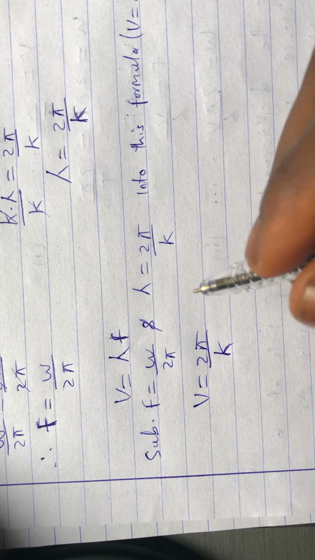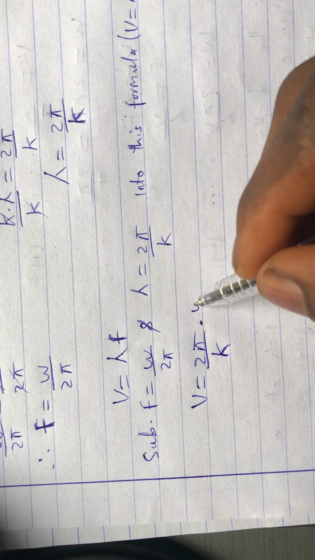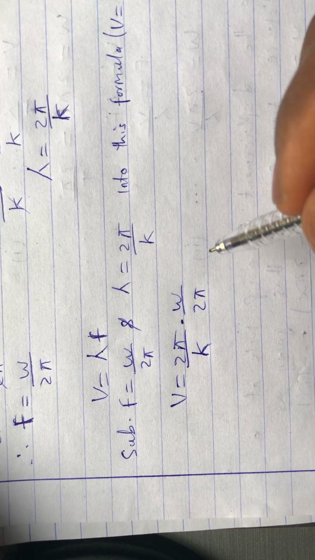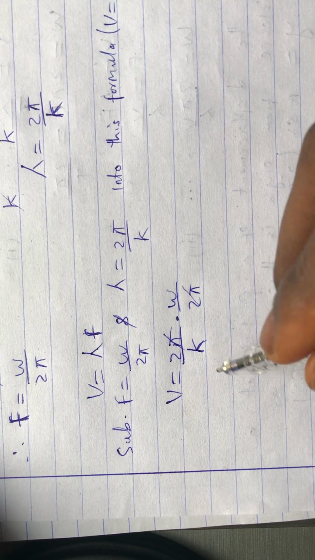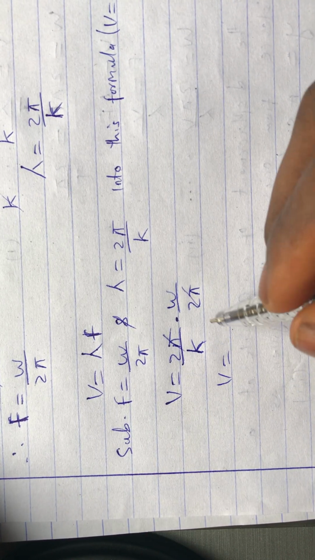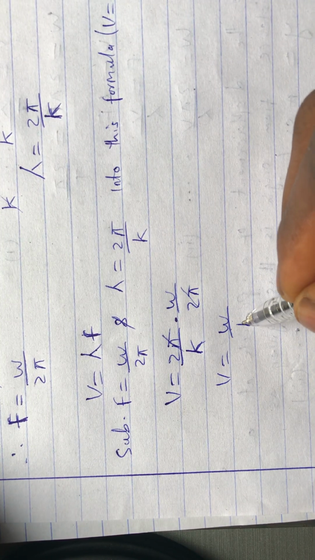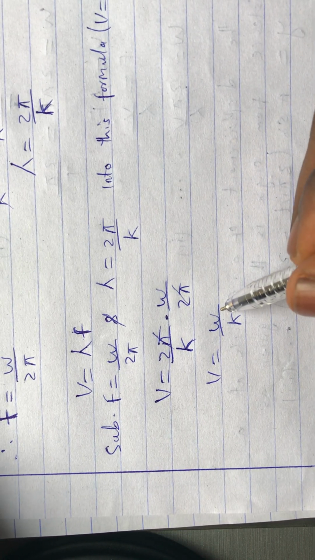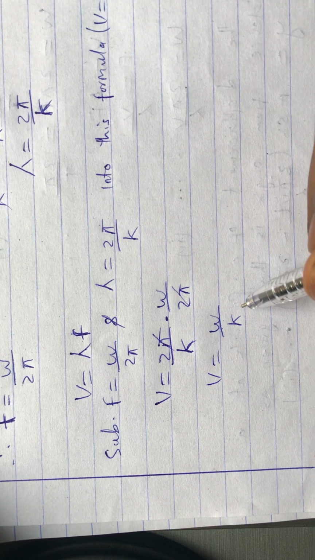That means you're going to have W all over 2 pi. What do you notice? 2 pi will cancel 2 pi. Therefore, our V is equal to W all over K. I told you guys this is our angular velocity and this is our wave number.